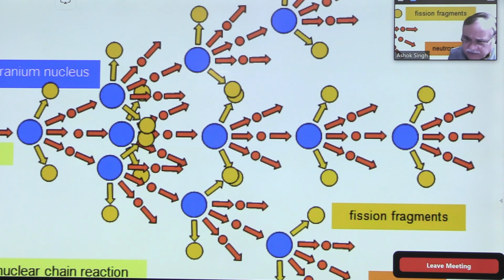One of the conditions which is important here, try to understand. When a uranium nucleus splits, it produces several neutrons, as you can see in the slide. These neutrons have a lot of energy, they are moving very fast.